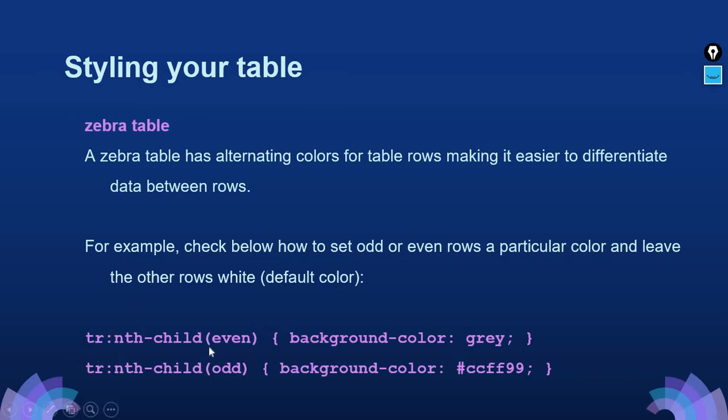Here we expect that all even rows will be colored in gray. And in this example, for another table, all odd rows will have this color.